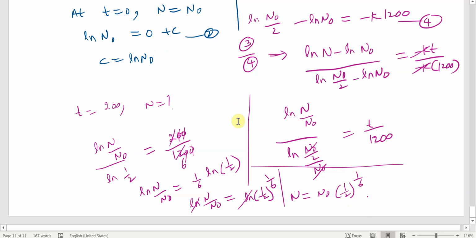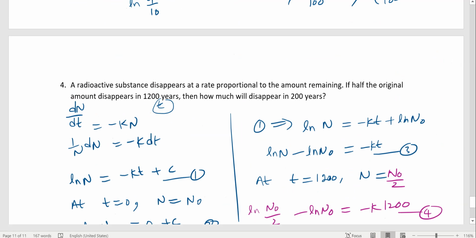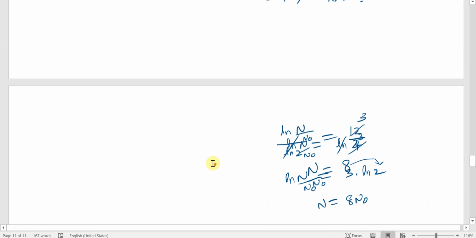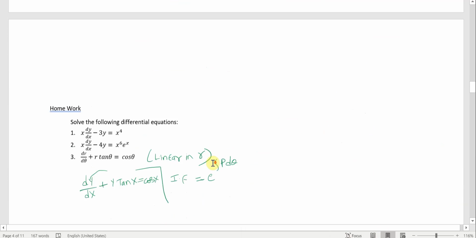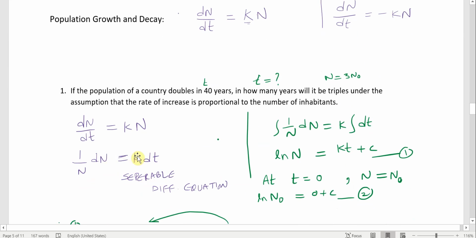So this is today's topic. In this video lecture we learned this. So let us have a review. We studied the law of growth and decay. Population growth, for growth, plus kn: dn by dt equals plus kn. For decay, decompose or disintegration, minus kn. We will take a separable differential equation.